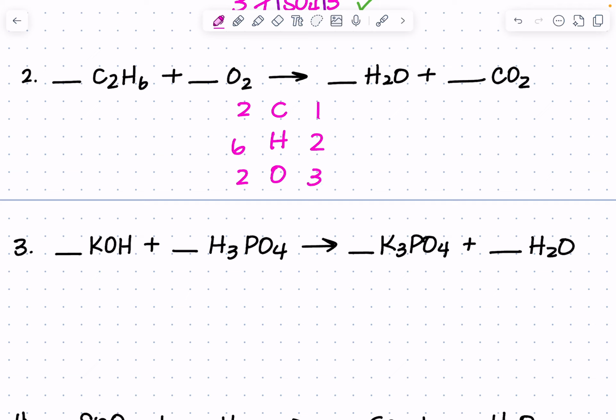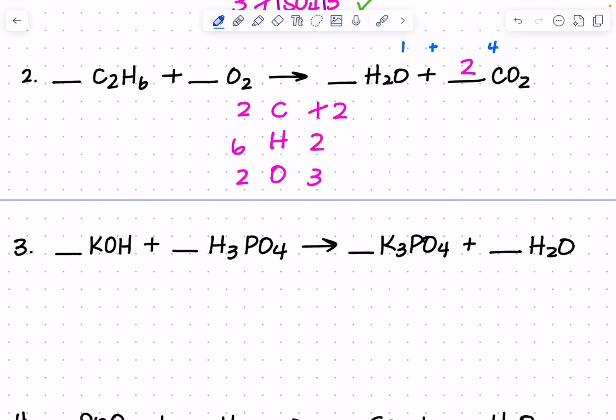Okay, so remember I said to leave hydrogens and oxygens until later, so we'll fix the C first. I need 2 carbons on the right-hand side. In order to get that, I'm going to have to put a 2 here. But that also changes my oxygen. So now I have, and this is where it gets slightly more complicated, 4 oxygens here, plus the 1 oxygen in the water.